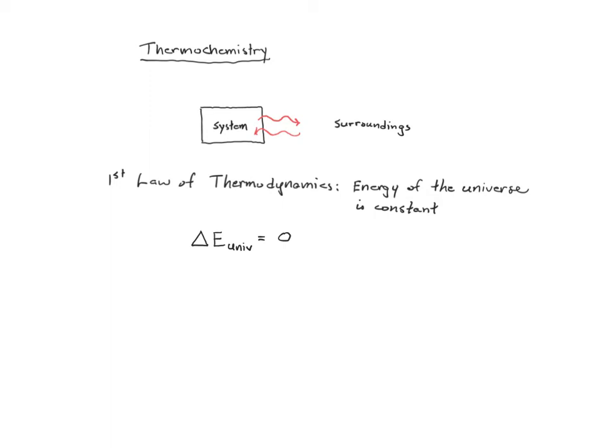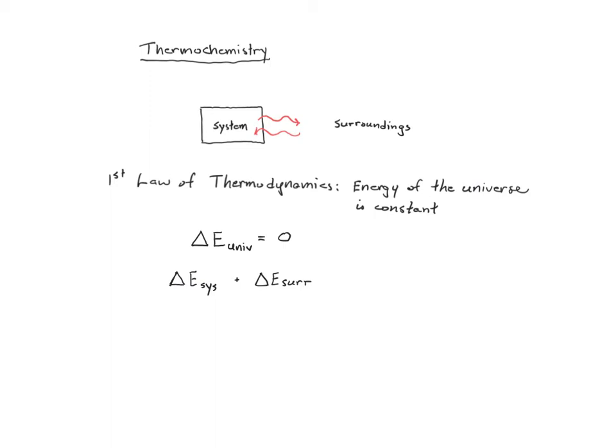Okay, now here's where things get a little bit interesting. You see, we know that in a chemical process the energy of the system is changing, and we know that the energy of the surroundings is changing. And we know that the system plus the surroundings gives us the entire universe.